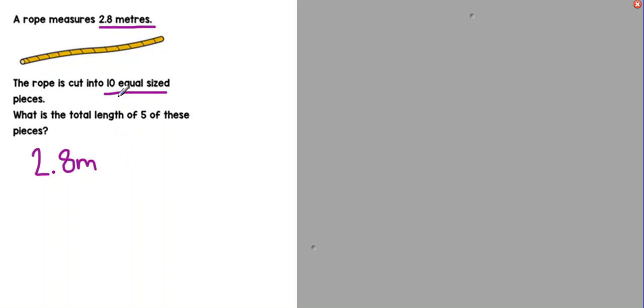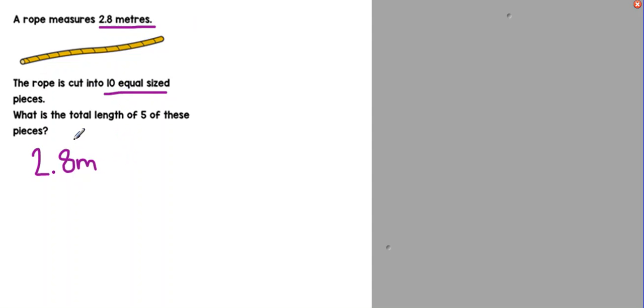So this is your place value again. You're going to need to divide 2.8 by 10 first of all to work out how much 10 equal sized lengths are worth. Then you need to work out the total length of 5 of these pieces. You will have one of these pieces, you then need to find 5 of them. Pause the video now and have a go.